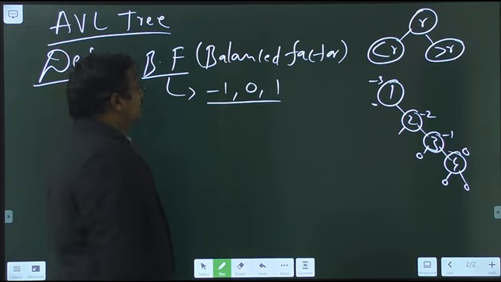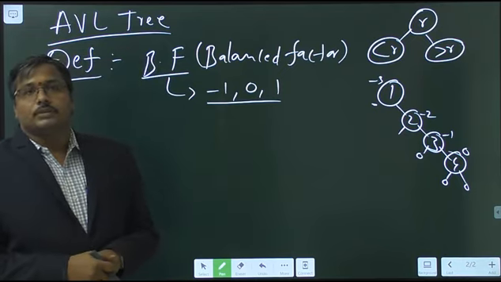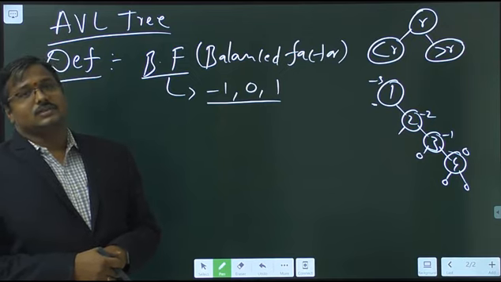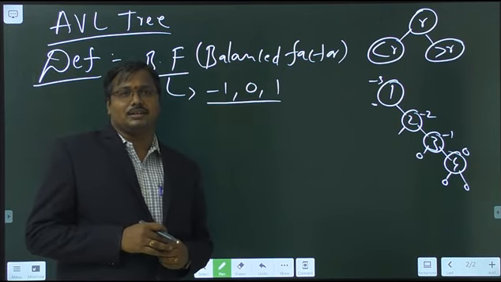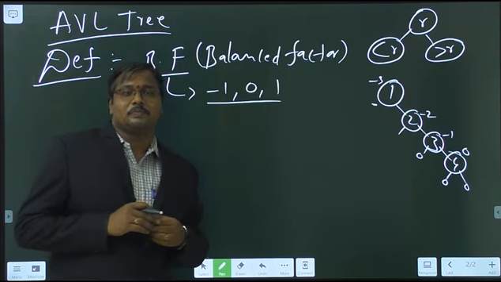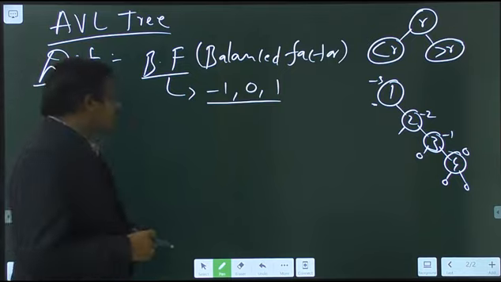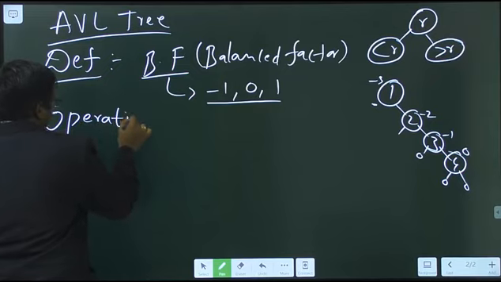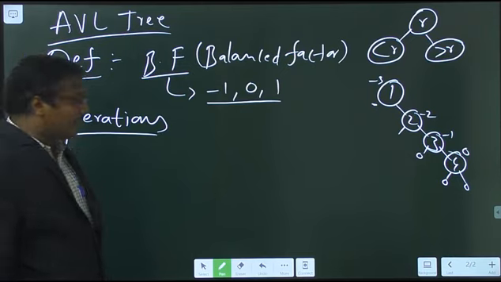Okay. So, how to construct an AVL tree? The next part is how to construct an AVL tree. Here the maximum difference is 1, and the minimum difference is minus 1. That's why this is called a balanced binary search tree. What are the different operations in an AVL tree?